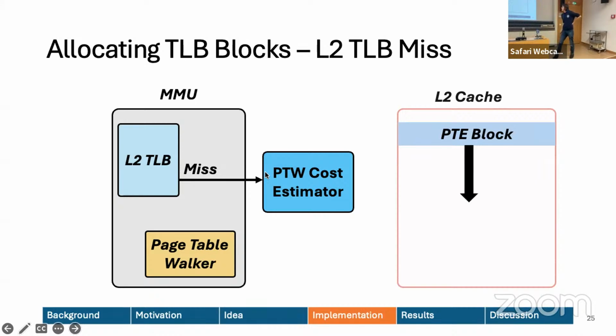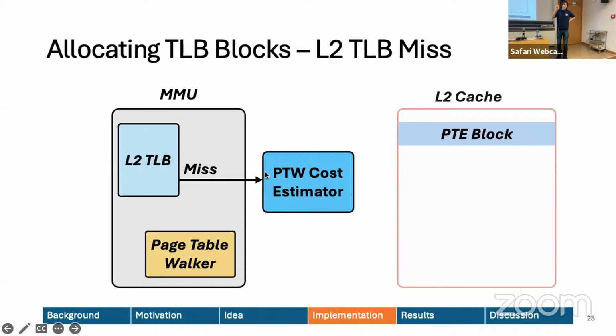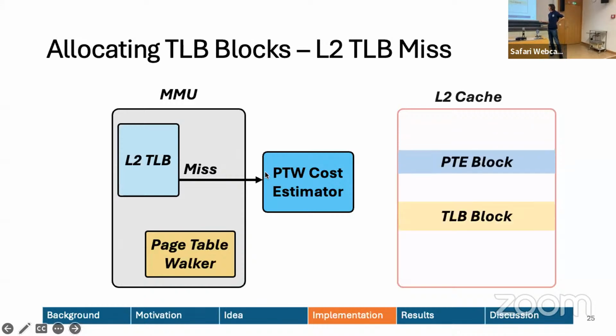This happens in parallel. When the address comes back, if the PTW cost estimator says it's worthy to keep this entry, we transform the PTE block into the TLB block with the address we just resolved. And then we're done on a miss.